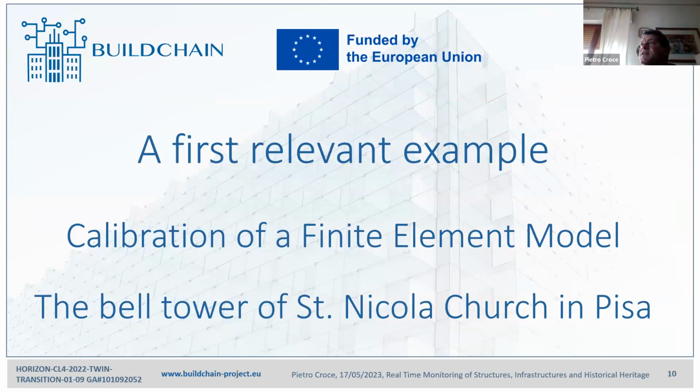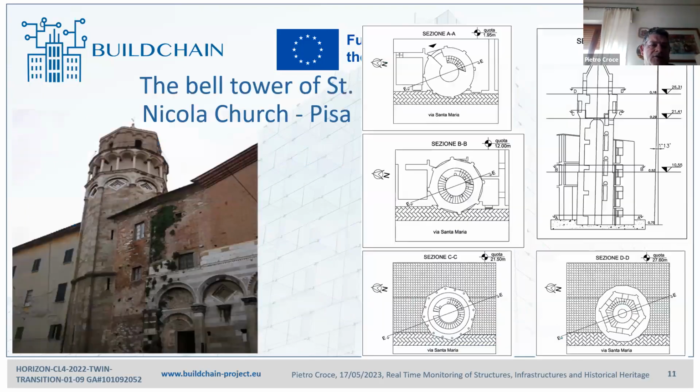A first relevant example of the aim of monitoring system is, as already said by our colleagues, the calibration of finite element models. This example concerns the bell tower of St. Nicholas Church. You can see here the bell tower, which is included in the walls of the adjacent building and of the adjacent convent.